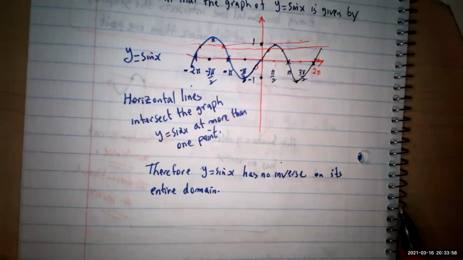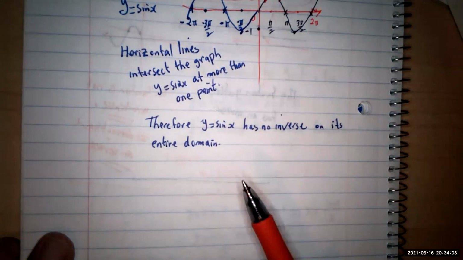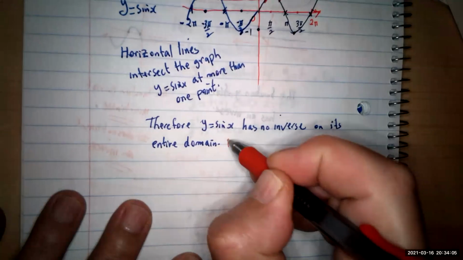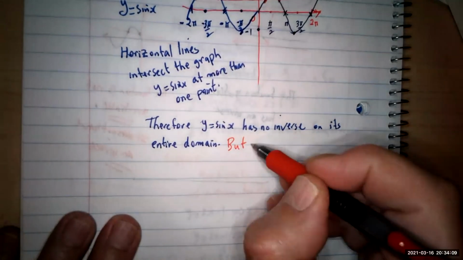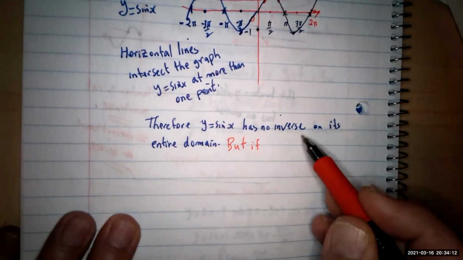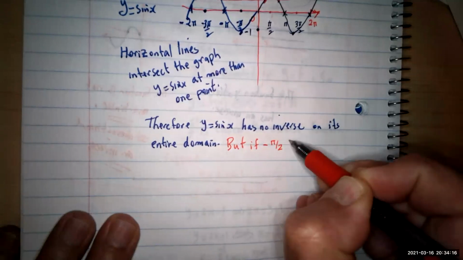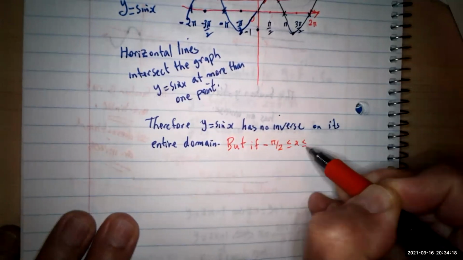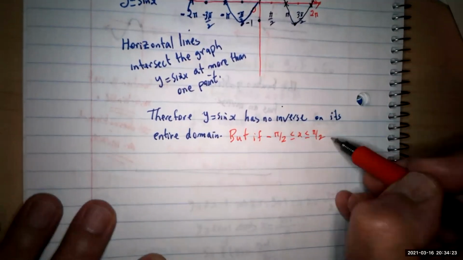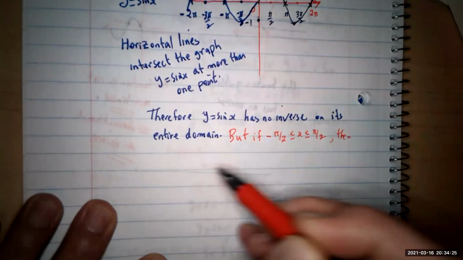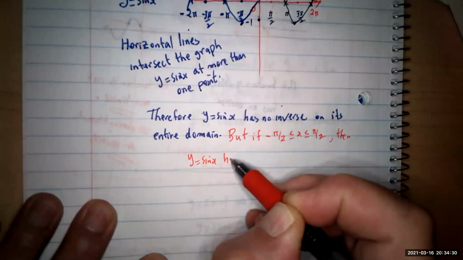So we continue. Therefore, y equal to sine x has no inverse on its entire domain, but if x is between negative pi half and pi half only, then your function y equal to sine x has an inverse.